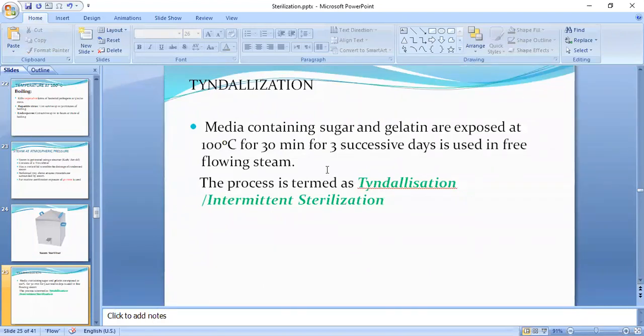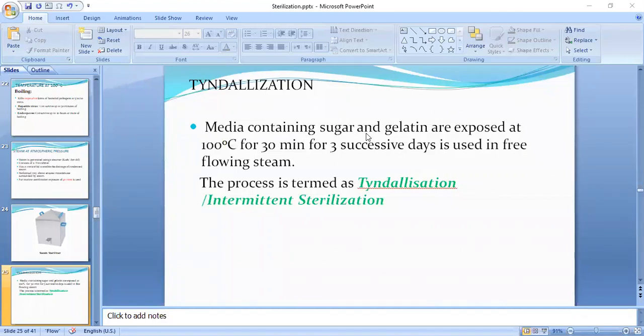Another method is called Tyndallization. The temperature is 100 centigrade, and the time is 30 minutes for 3 successive days, and this is called Tyndallization.